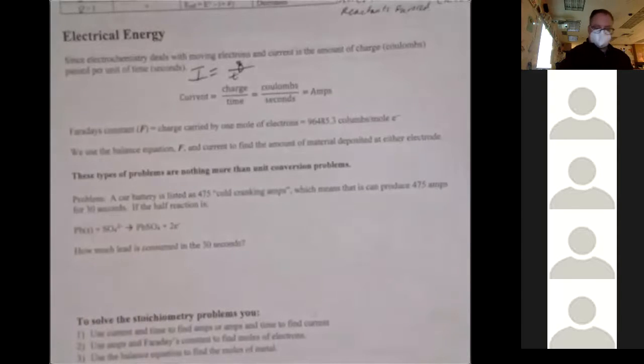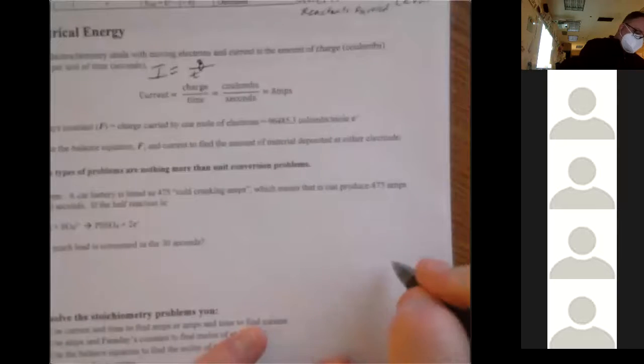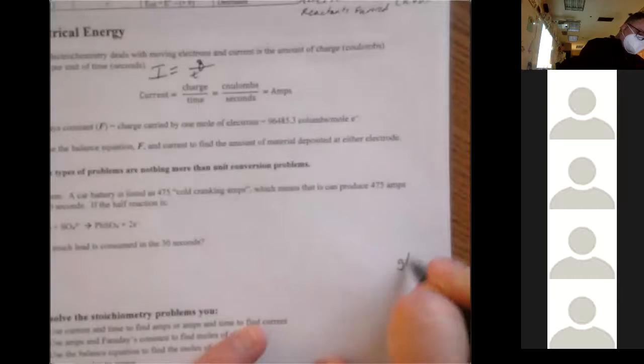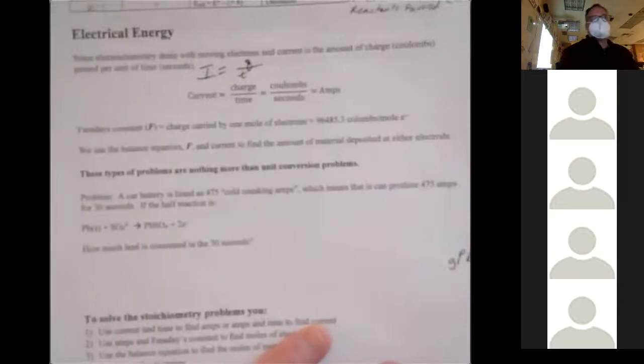So what do I want for my final answer? Come on, we can do better than moles. Grams, right? Can we get grams? Let's find the actual amount in grams of lead. Moles isn't going to mean much to anybody. Grams of lead. How many units does it have?